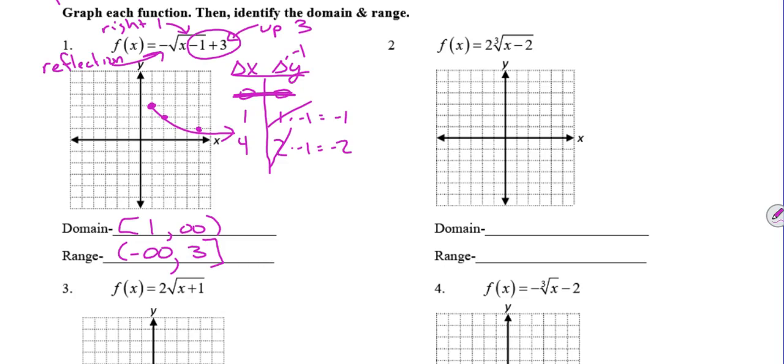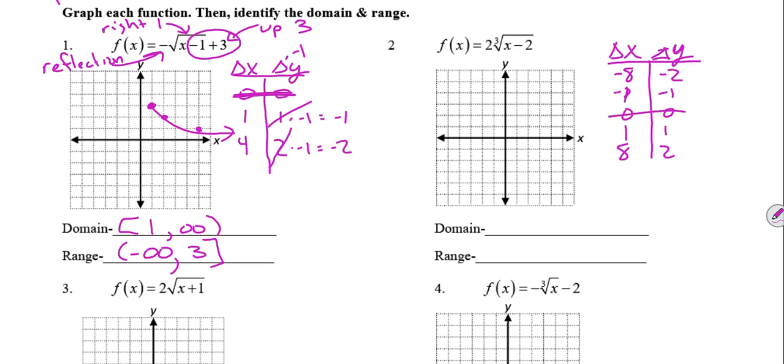Okay, let's see what you would do with a cube root. Let's take this, again, delta x, delta y, and we're going to pick negative 8, negative 1, 0, 1, and 8, and negative 2, negative 1, 0, 1, and 2.